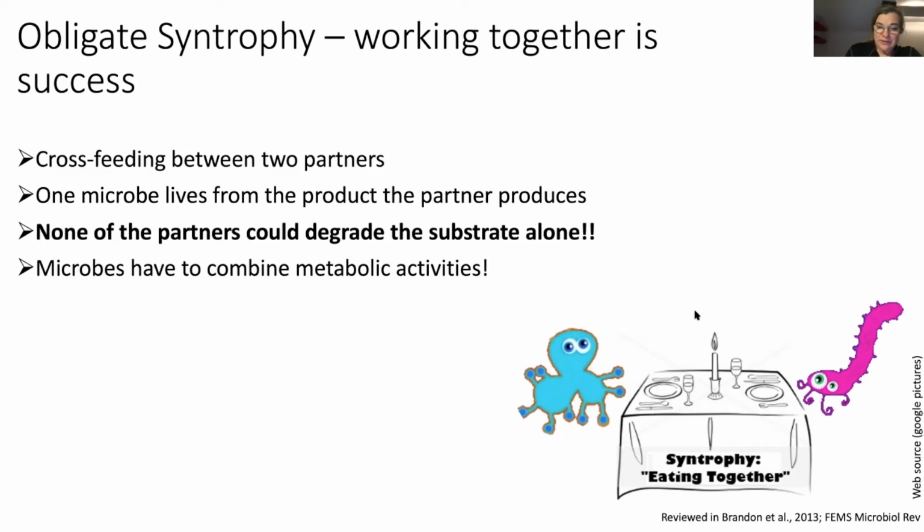Another point is that this substrate cannot be degraded by one of the organisms alone. They have to work together. If they're not together, this substrate is not degraded at all. That means they have to combine their metabolic activities to degrade a substrate.